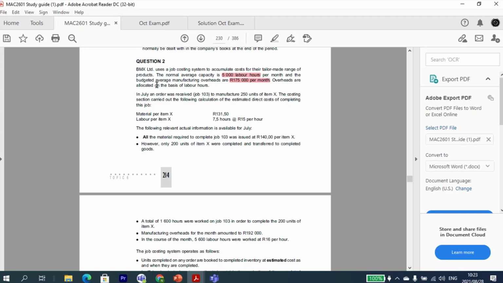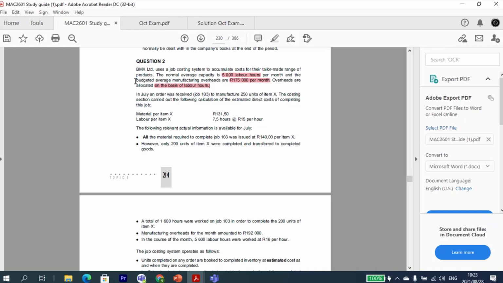Overheads are allocated on the base of labor hours. Already from this first paragraph, you can see that chances are you'd have to calculate the estimated manufacturing overhead rate, because they've given you the budgeted average overheads and the normal average capacity, and also the basis as to what your rate will be based on.